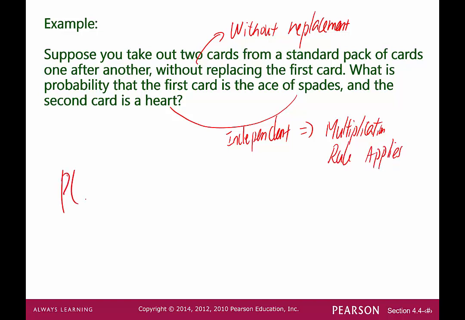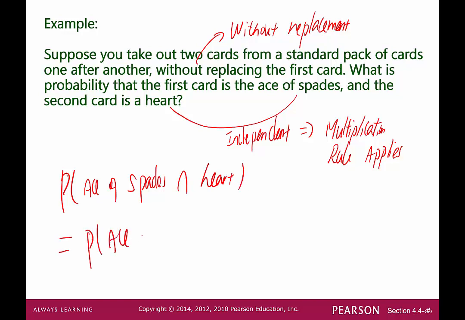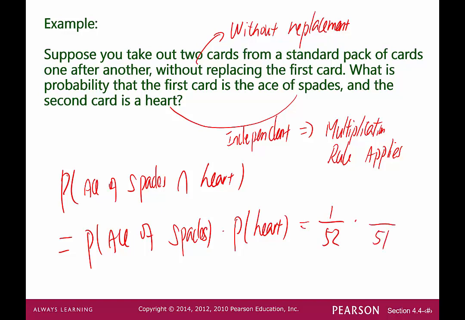So the probability of getting the ace of spades intersect the probability of getting a heart is the probability of the ace of spades times the probability of getting a heart. The probability of getting the ace of spades, there is only one ace of spades, so it's 1 over 52. Now since you removed a card from the deck, you only have 51 cards left, and we have 13 hearts total.